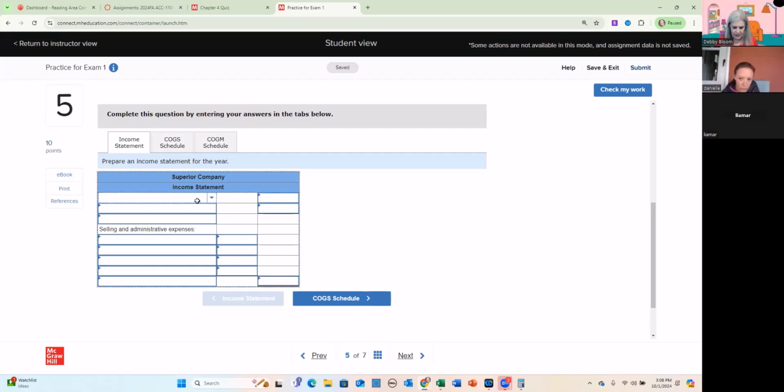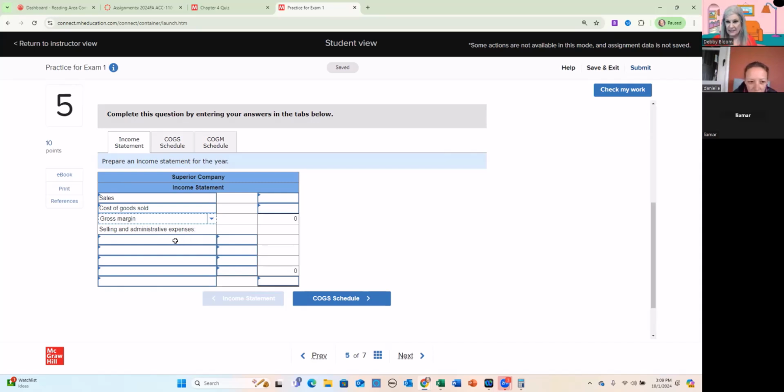So if we're going to do an income statement, it's going to start off with sales. We have cost of goods sold, which is going to be your adjusted cost of goods sold, which will then come down to our gross profit, which your book incorrectly calls gross margin, which annoys me every time I see it, but I have to get over it.